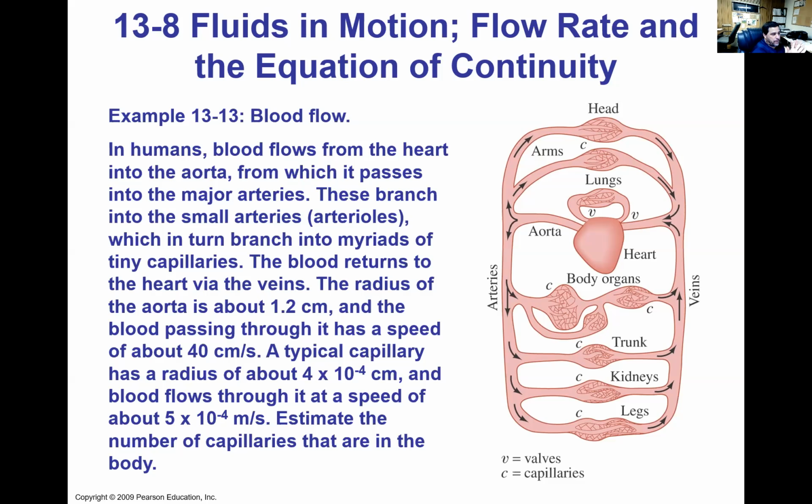A typical capillary, those are the tiniest things at the end of the system, has a radius of 4 times 10 to the minus 4th centimeters, and blood flows through those at 5 times 10 to the minus 4th meters per second. They want us to estimate the number of capillaries in the body given this information.